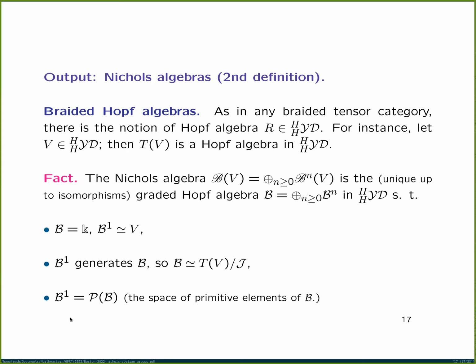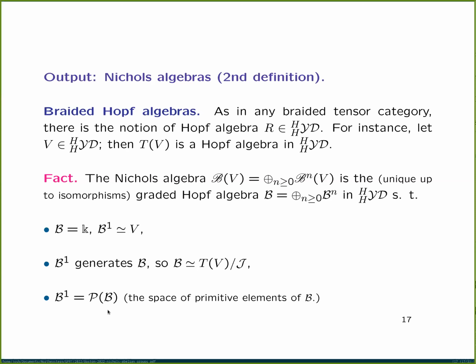The coalgebra requirement says that B_1 equals the space of primitive elements of B. And this is why we need to cut the p-th powers in characteristic p.